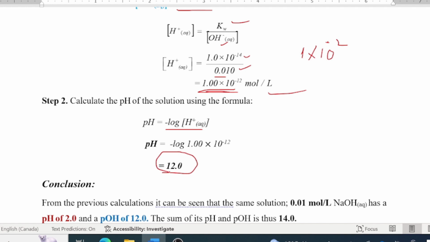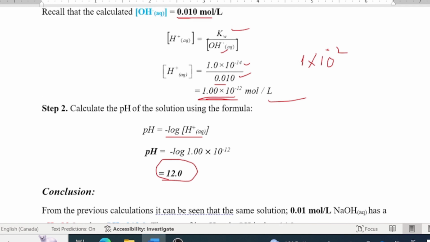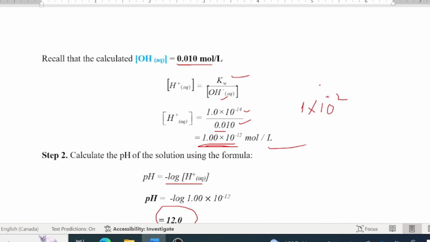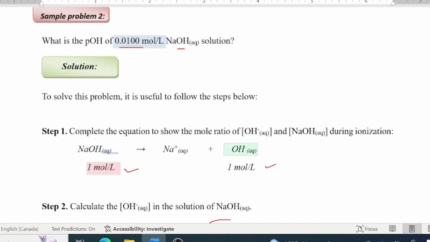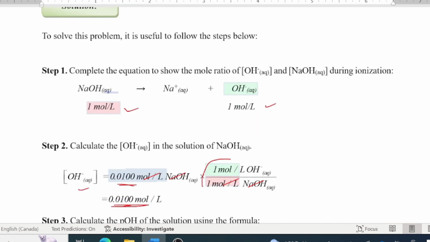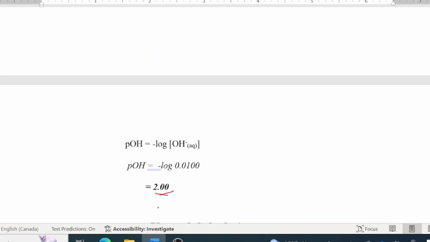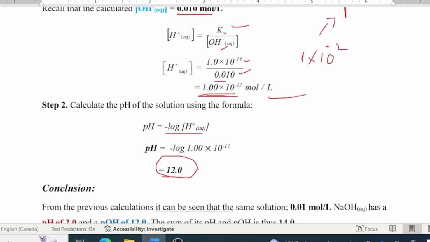So hold on. In the first problem, that was OH, and when you find the negative log, the pOH was what? pOH was 2. The very solution, this one here, we asked you to find the pOH. We did all of those steps and we get a pOH of 2. Does it ring a bell?